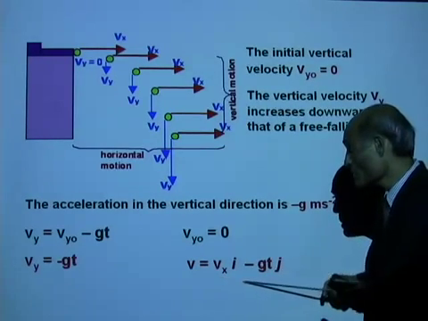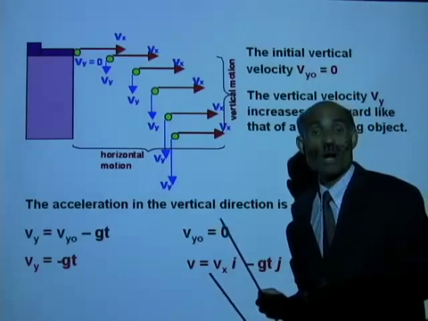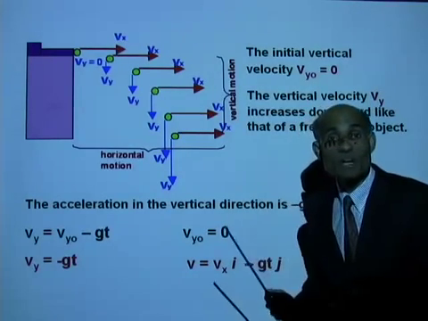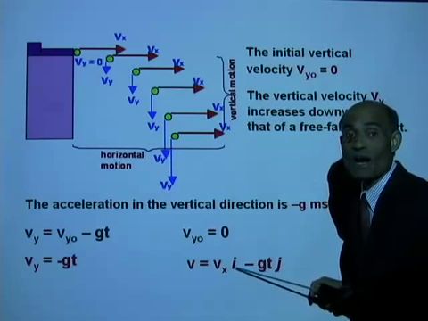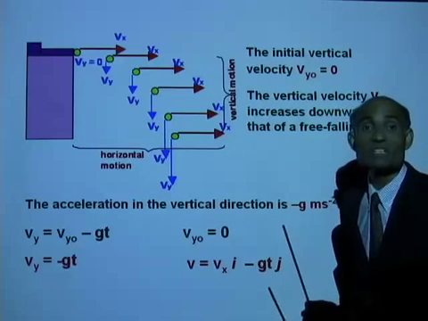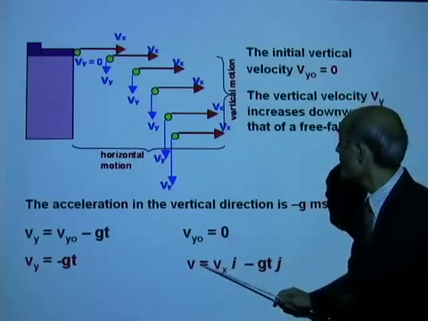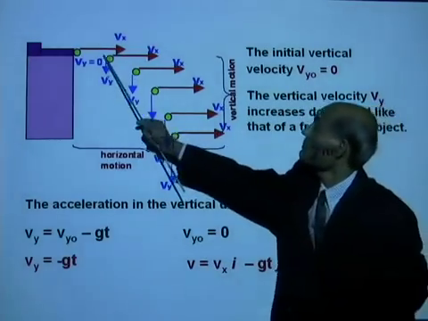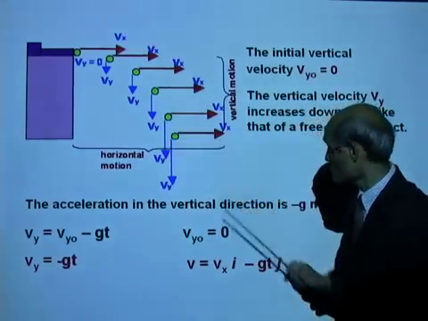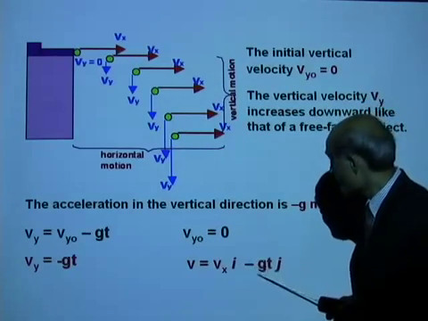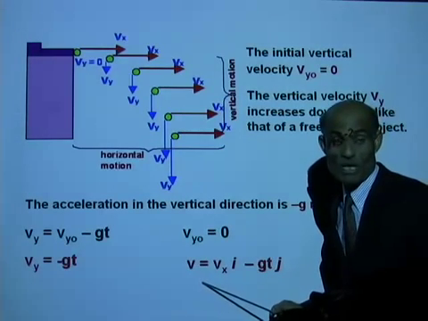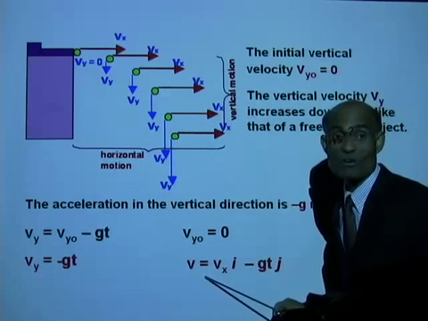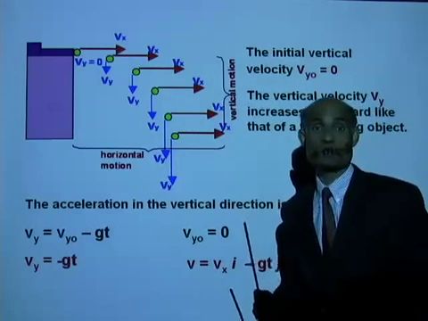So the velocity of the projected object at any given time is v equal to vx i minus gt j. Vx is the x velocity that remains a constant, and minus gt is the y velocity. Alright, I want you to be very thorough with this equation.